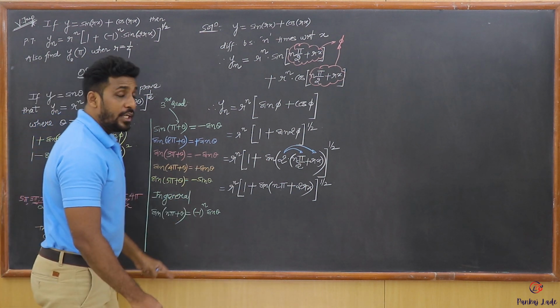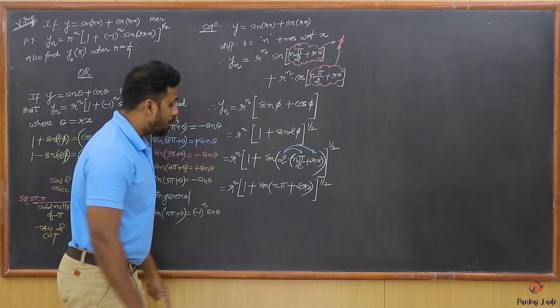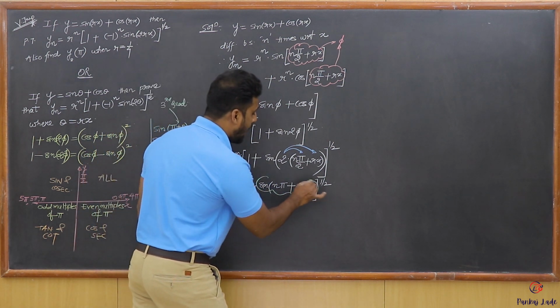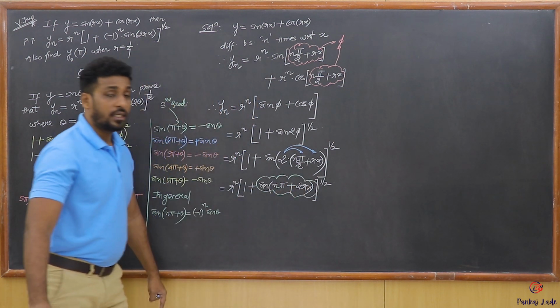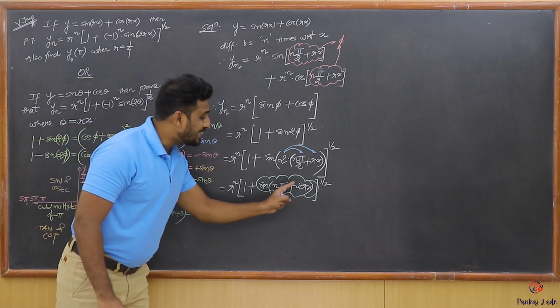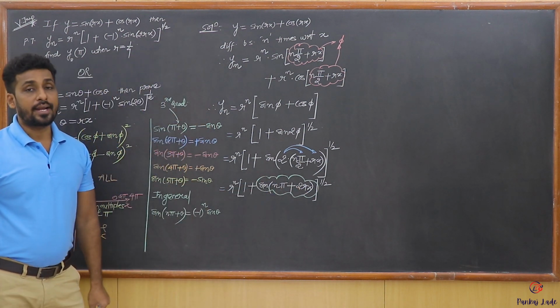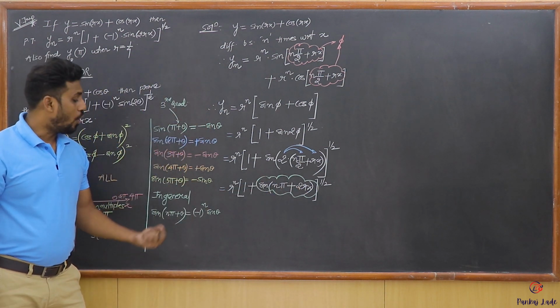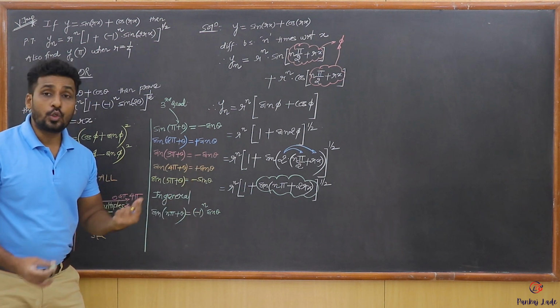So can you now tell me what is going to happen to the term that you have in your solution, sine of n pi plus theta? This is minus 1 raised to n sine of theta, isn't it? So theta here is 2rx.